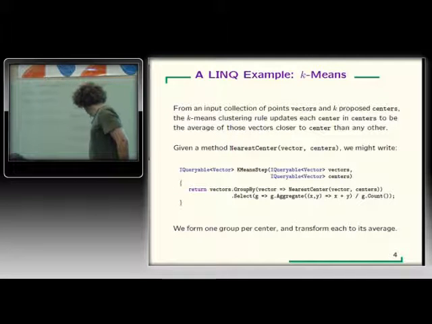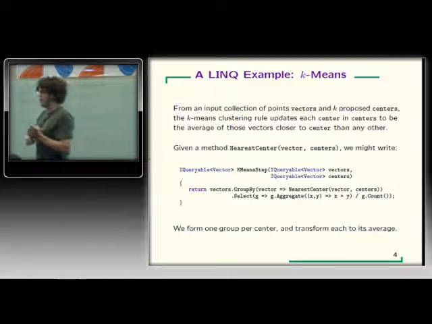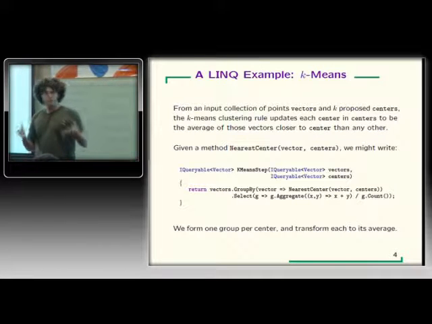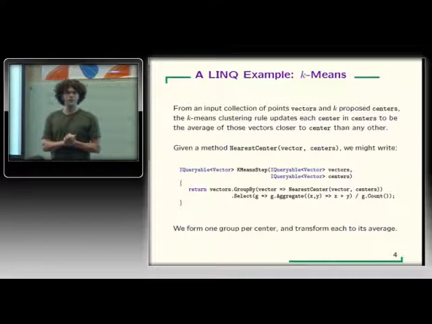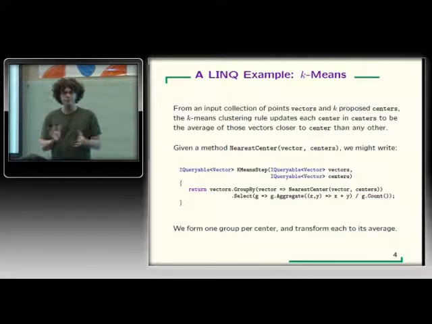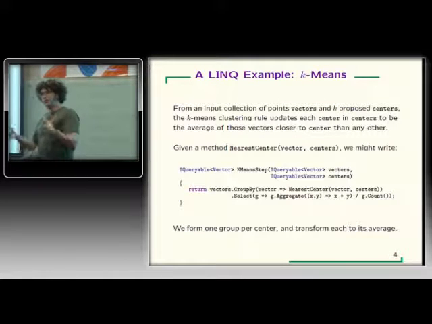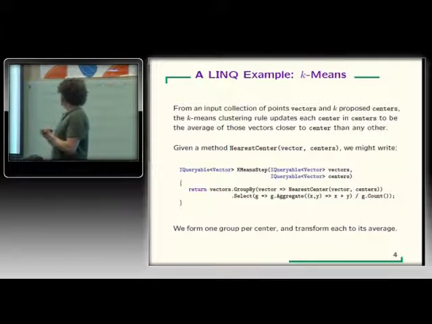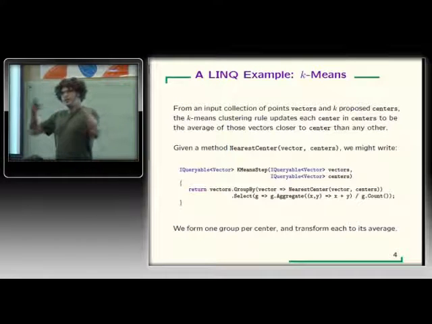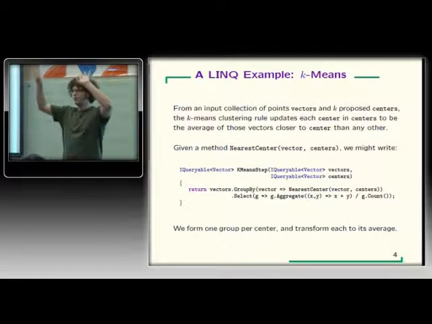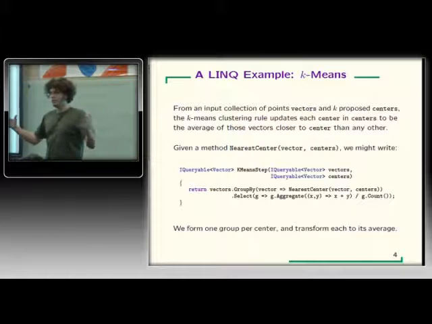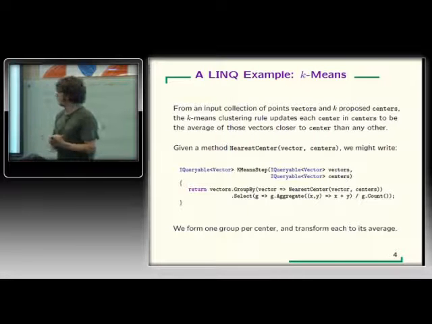So let's look at a real simple example, the k-means clustering problem. How many people here are familiar with k-means? Hopefully not everyone, because I was going to explain it. Good, OK. So k-means is an iterative clustering rule that is fairly simple. Think about a data set initially that's points in space, just three-dimensional points in space, lots of them, though, so millions or billions of them.